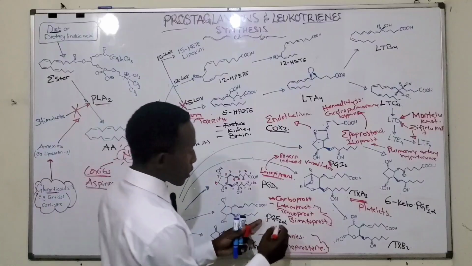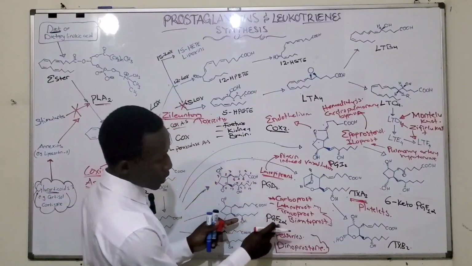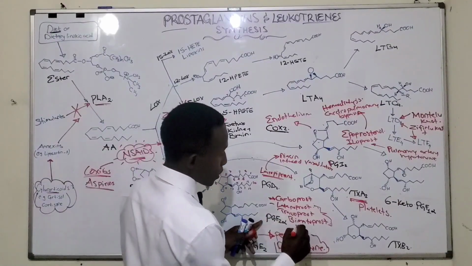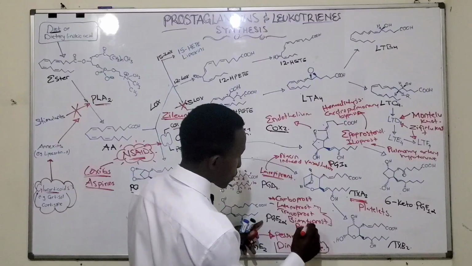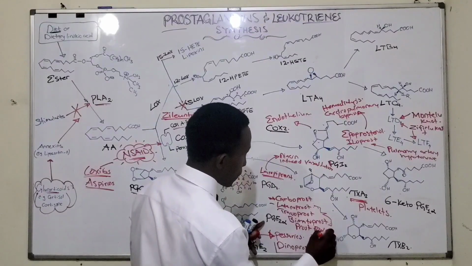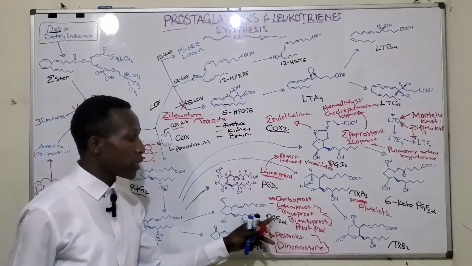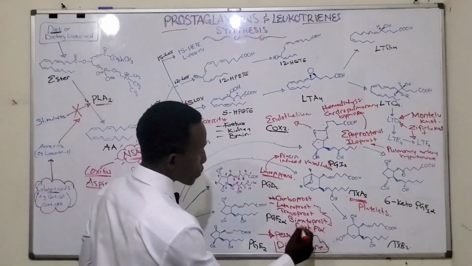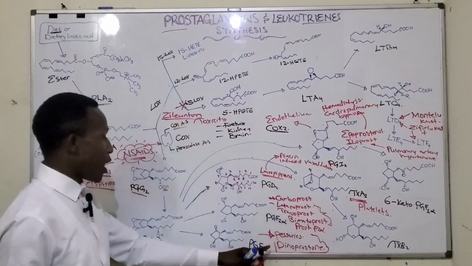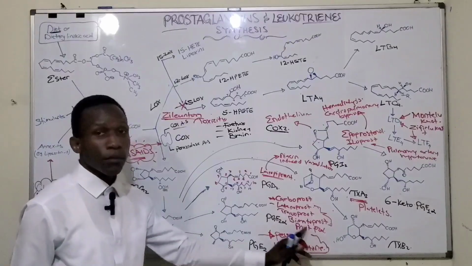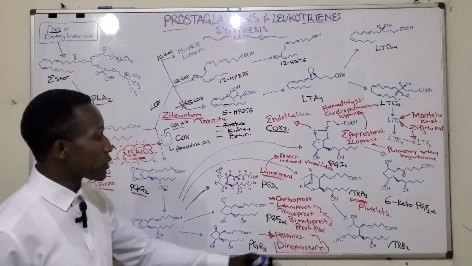Also, we have another drug here at F2 alpha, the Prost F2 alpha. It's an agonist of the prostaglandin F2 and can be used in the same way as dinoprost in the midterm abortion.